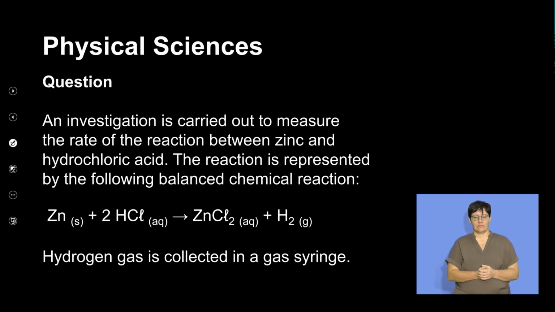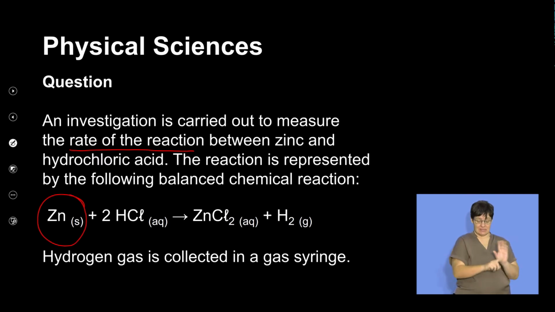Right. An investigation is carried out to measure the rate of the reaction, and the reaction happens between zinc, which is a solid, and hydrochloric acid that is in solution. The reaction is represented by the following balanced chemical reaction.